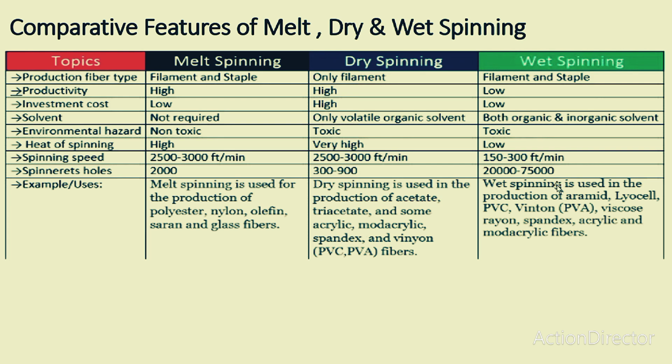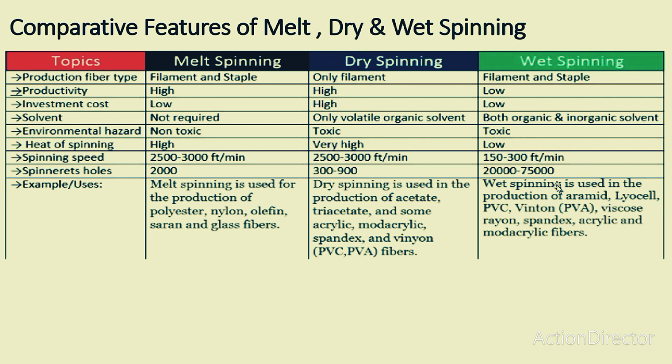Today, our topic is about the differences or comparative features of melt, dry, and wet spinning. In the previous lectures, we have individually discussed melt spinning, its features, dry spinning, its features, and wet spinning in separate videos.